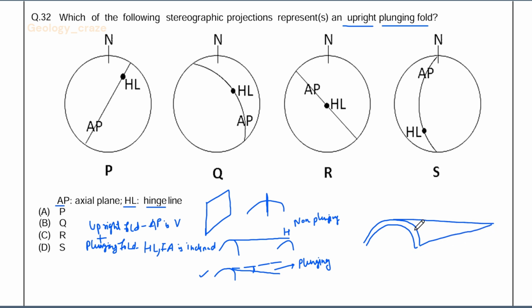This is our hinge line, or fold axis, and it is making some angle. We call it the plunge.